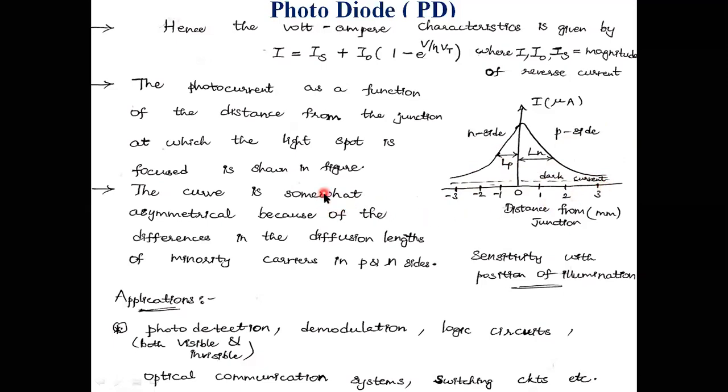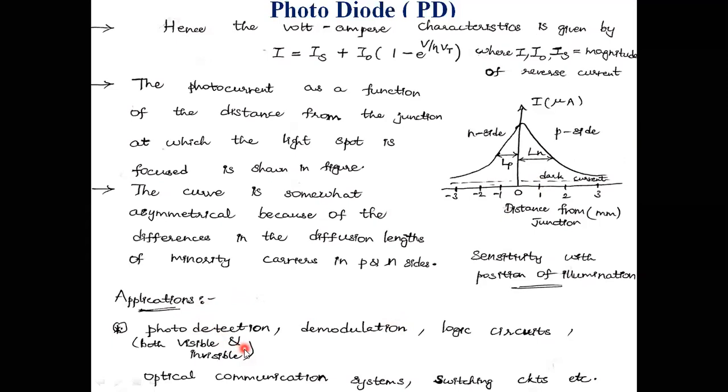The curve is somewhat asymmetrical because of the difference in the diffusion lengths of minority carriers in p and n types. Different diffusion lengths are provided on the n side and p side, that is lp and ln, because the concentrations differ, so the lengths also differ.